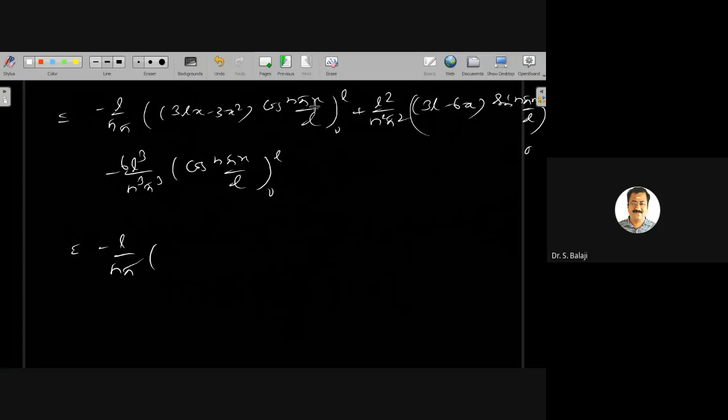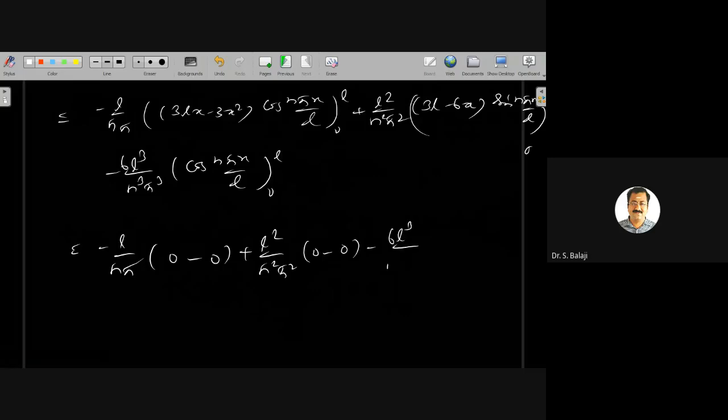When applying L here, it will be 3L square minus 3L square, that is 0. And when applying 0 here for x, 0 minus 0, that is also 0 here. Then L square by n square pi square: apply L, L gets cancelled, sin n pi is 0. Similarly, when applying 0, sin 0 is also 0.